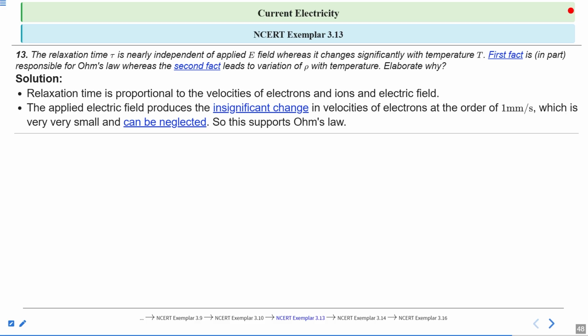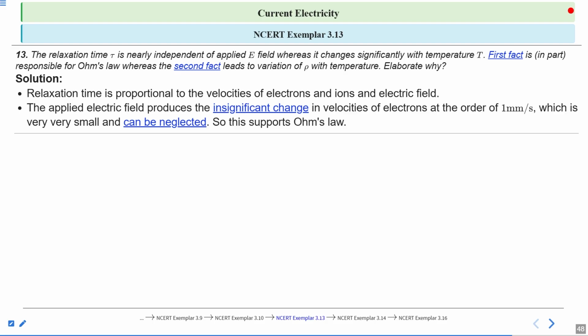The applied electric field produces an insignificant change. Even if we apply a high electric field, the change in the drift velocity will be insignificant, of the order of 1 millimeter per second, which is very small and can be neglected.